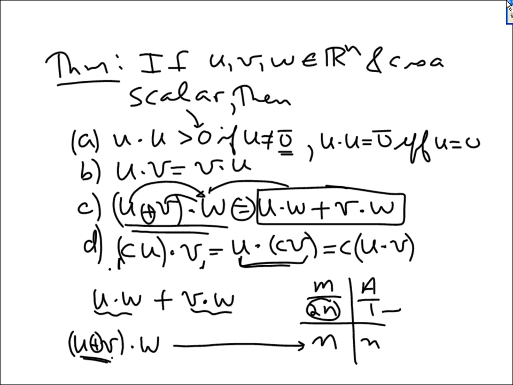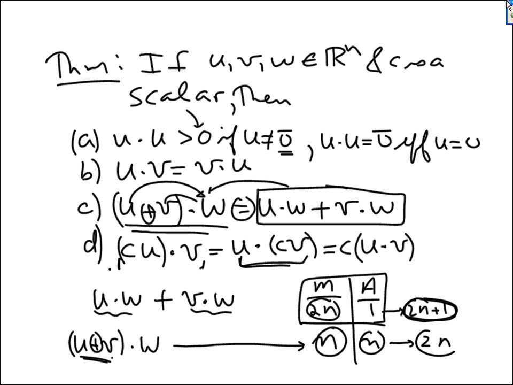In all, the top has 2n plus 1 computations, and the bottom has n and then another n, 2n computations.